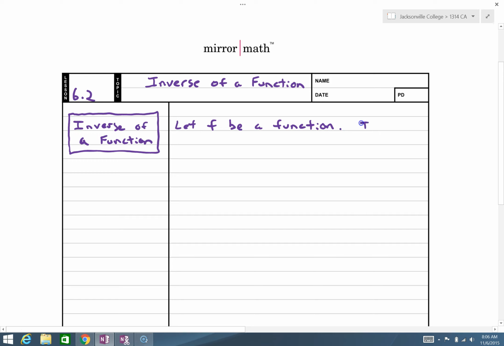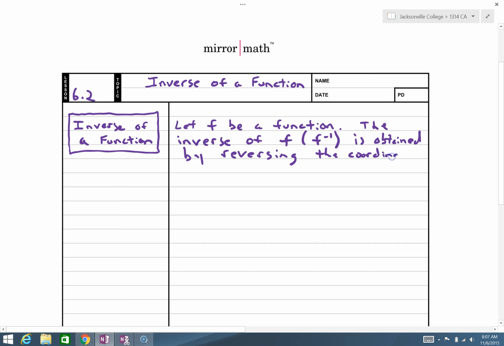The inverse of f, often denoted with the symbol f to the negative first power, which we simply read as f inverse, is obtained by reversing the coordinates in each ordered pair in the function f.